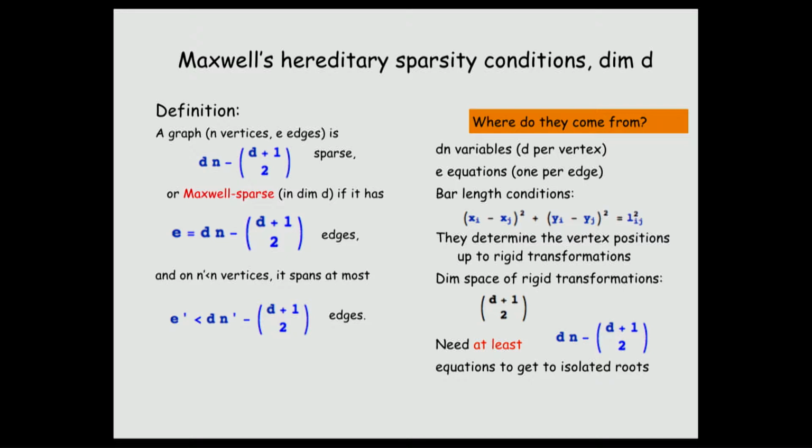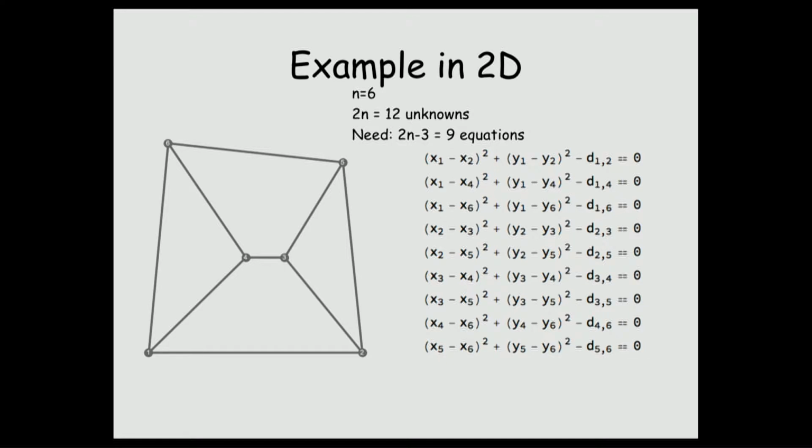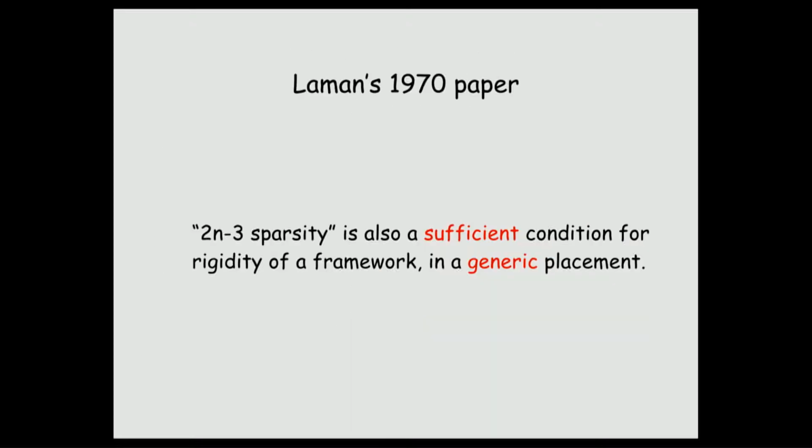If we have fewer, we'll never get them. Yeah, so that is where the condition comes from. And this is the example that we worked before, and quickly you see that 9 equations is enough, and we expect to get a finite set of solutions, and you can get it, but not in 5 minutes in Mathematica. You may leave it overnight and have a stronger, better computer to calculate it.